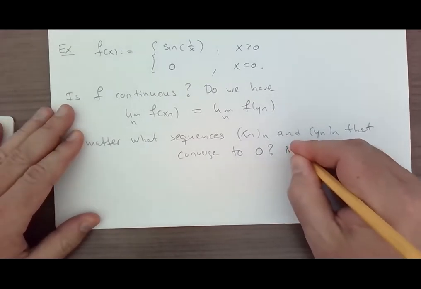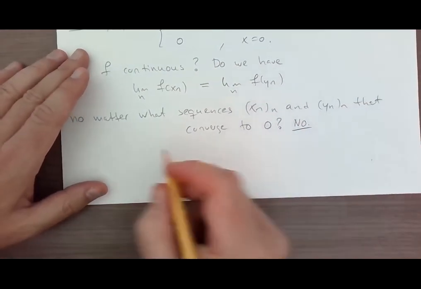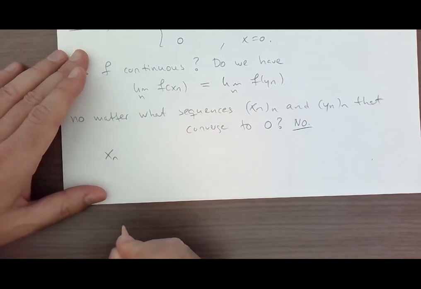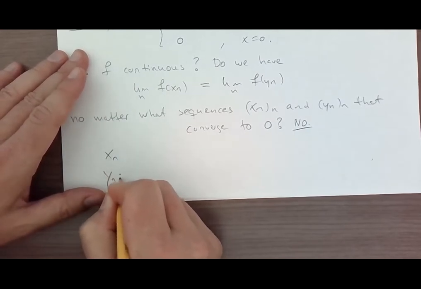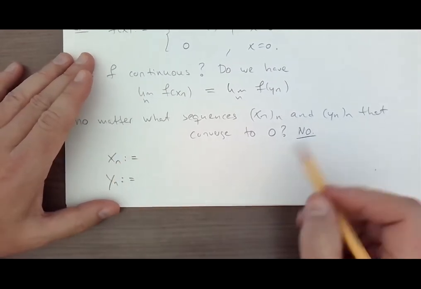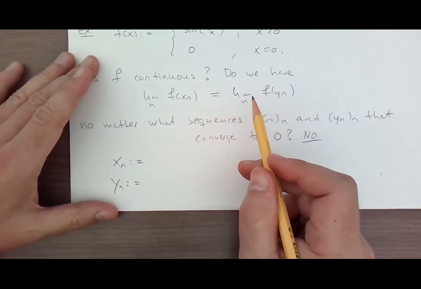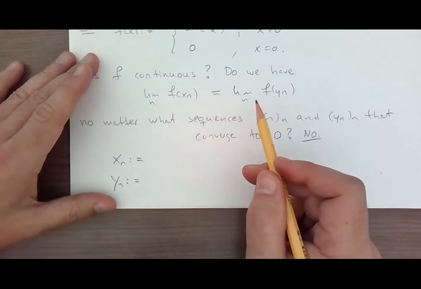Fernando says no. Then Fernando, I would like to see, can you give me 2 sequences that converge to 0 such that these 2 things are different? Well, this is back to your homework. I think you had them in your homework at some point.